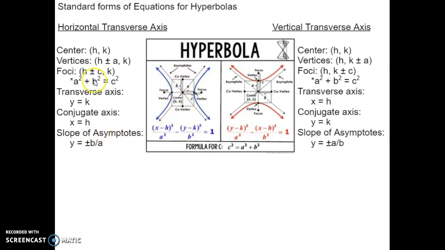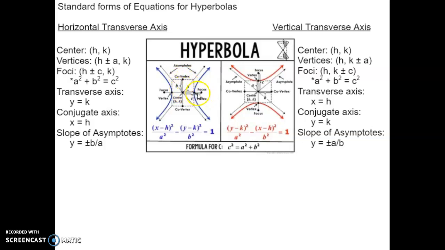This equation right here, a squared plus b squared equals c squared, is going to allow us to figure out either a, b, or c, whichever one is missing. And it comes from this triangle that's created right in here. So a and b, and then the distance from the co-vertex to the vertex is also going to have c for its length, and c is that distance from the center to the focus as well.